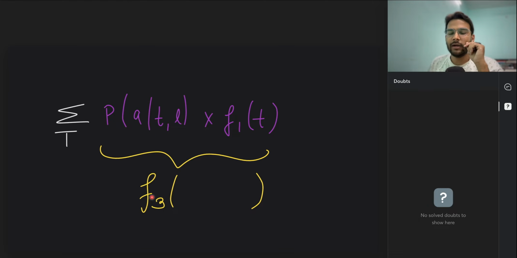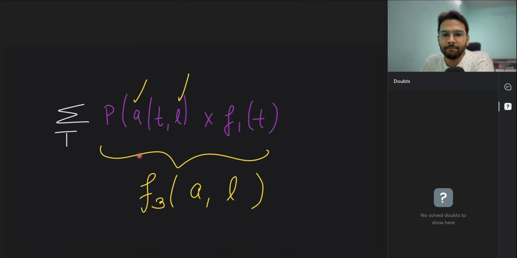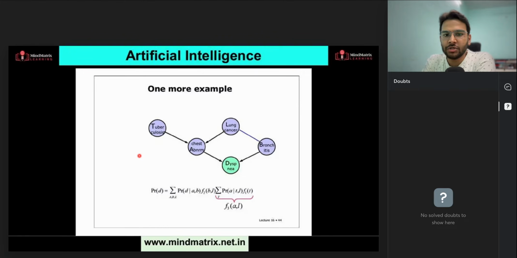Whatever is the remaining variable, because you are summing over T. It should be A comma L. So it should be F3 of A comma L.